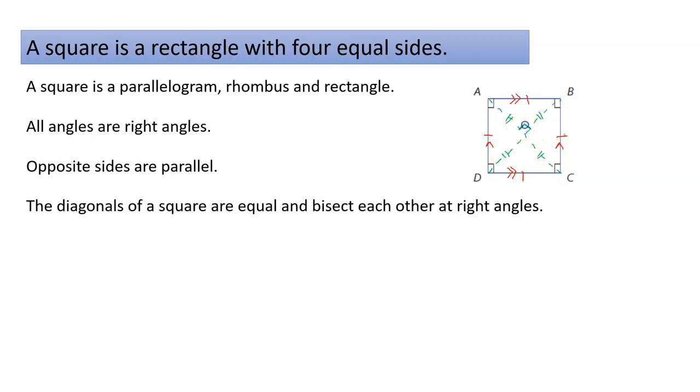We have a right angle. And also, because it's a rhombus, the diagonals of a square bisect the angles. So this angle here, I'll call it alpha, is equal to this angle here. Because this is a right angle, I know that alpha is equal to 45 degrees. And that would be the same for all of the angles around my square.